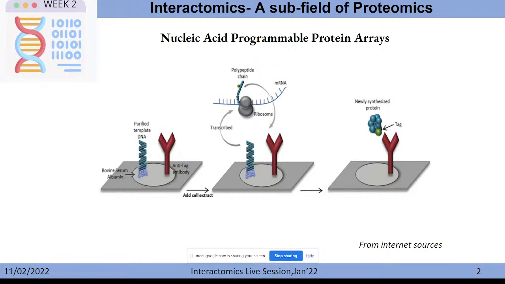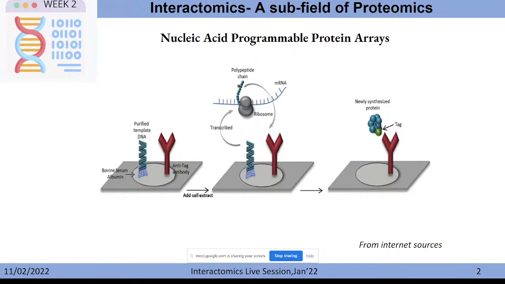The spots are printed in duplicates, so after the protein is expressed, the variation between those two spots gives you your intra-chip reproducibility. And another thing, in two different chips, the reproducibility of those spots gives your inter-chip reproducibility.